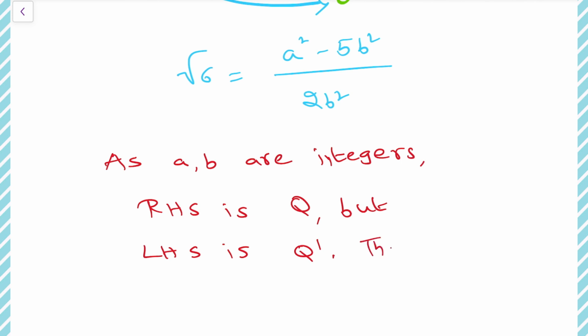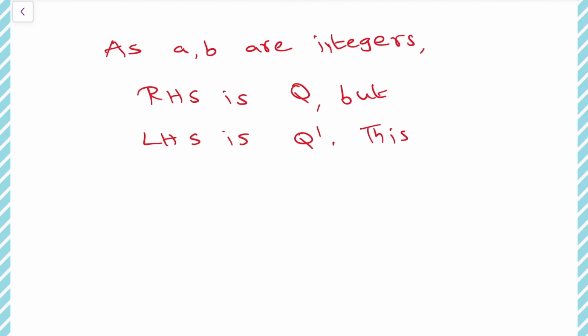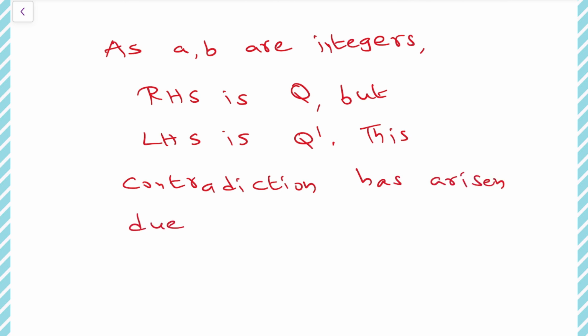This contradiction has arisen due to our wrong assumption. So the given number is an irrational number.